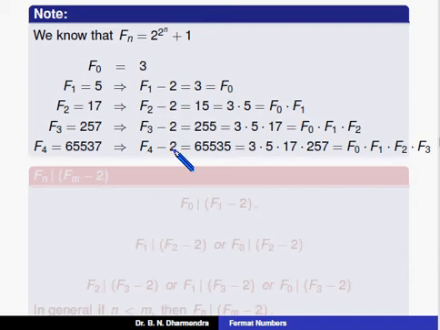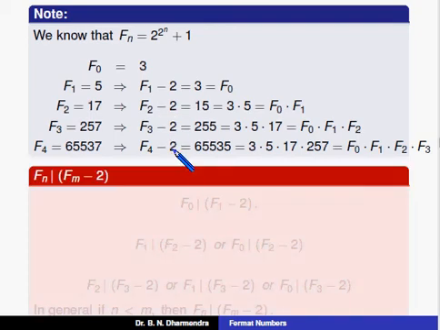Therefore this implies that Fn divides Fm minus 2 if m is greater than n. I can observe the indices of F: here n is 0 and m is 1. Here also n is 0 and m is 2. When I take these two values, either n is equal to 0 or n is equal to 1, but m is equal to 2.